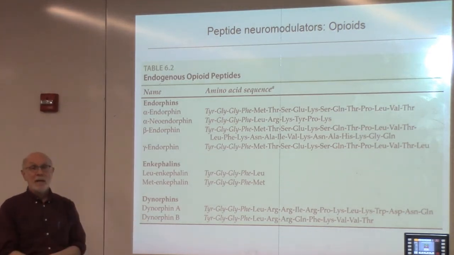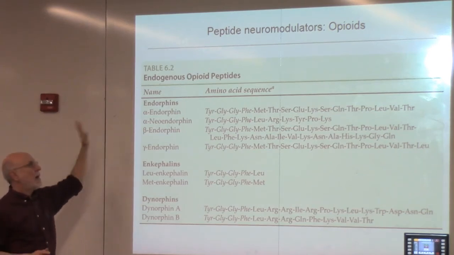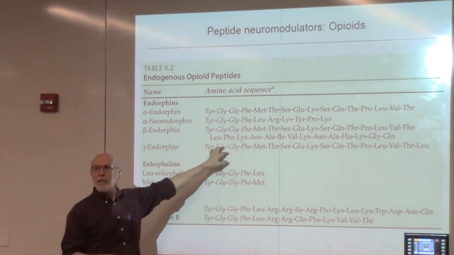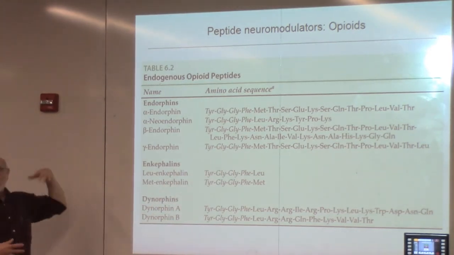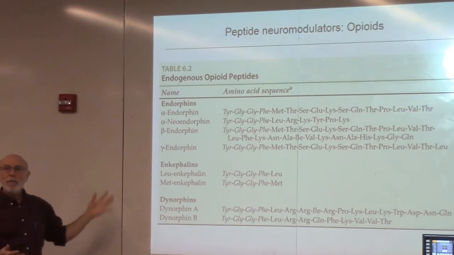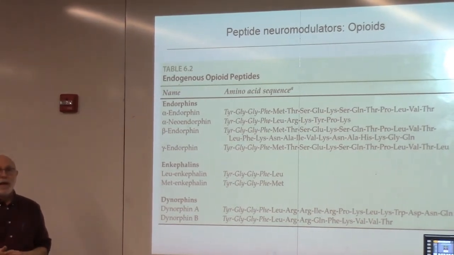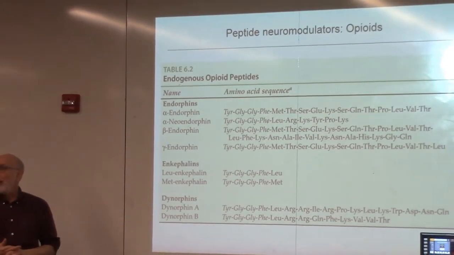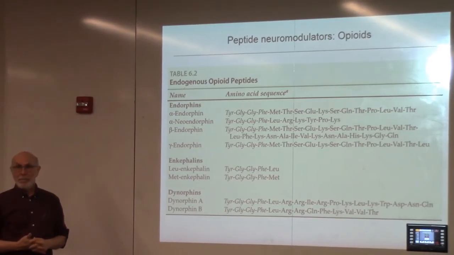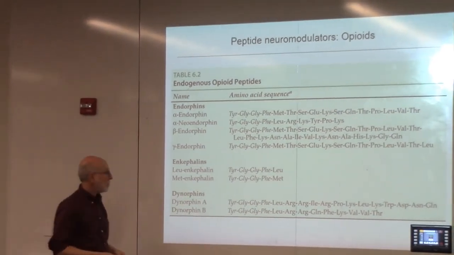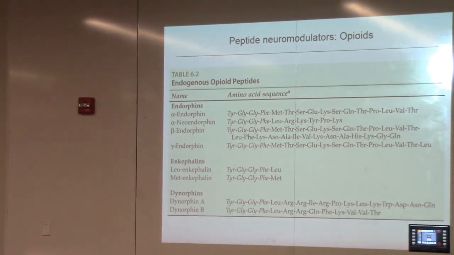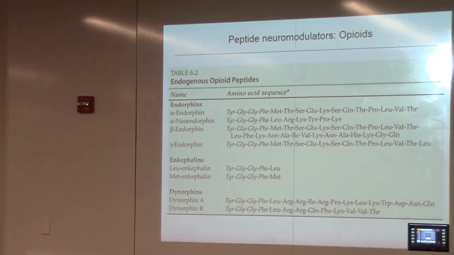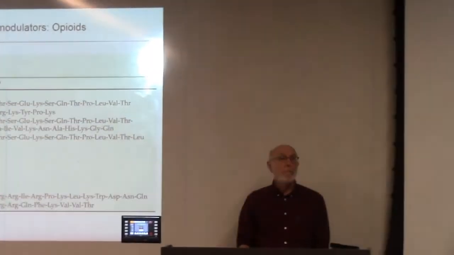That's why opiates work. What am I going to ask you to know? Oh yeah, I'm going to ask you to know the sequence of this, right? And I'm just not going to do that. All I want you to know is that there are peptide neurotransmitters. Opioids are peptides. And so when we talk about pain, we'll talk about opioid modulation of pain.